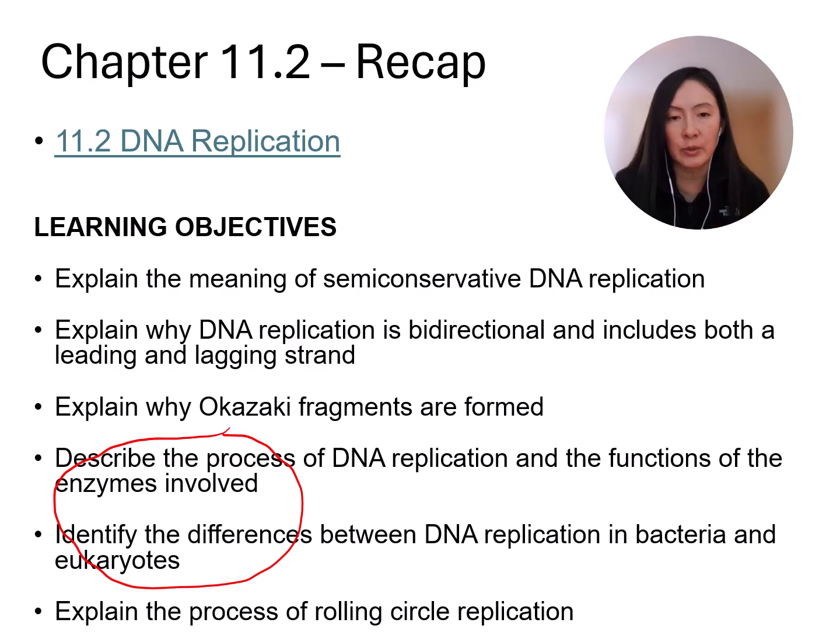Let's go to the last one, the process of rolling circle replication. We said rolling circle replication happens in plasmids, bacteriophages, and circular viral genomes, and it begins when an enzyme nicks one of the strands at a specific site. Then DNA polymerase 3 will extend that 3' end using the intact strand as a template, and it displaces the other strand as it goes.